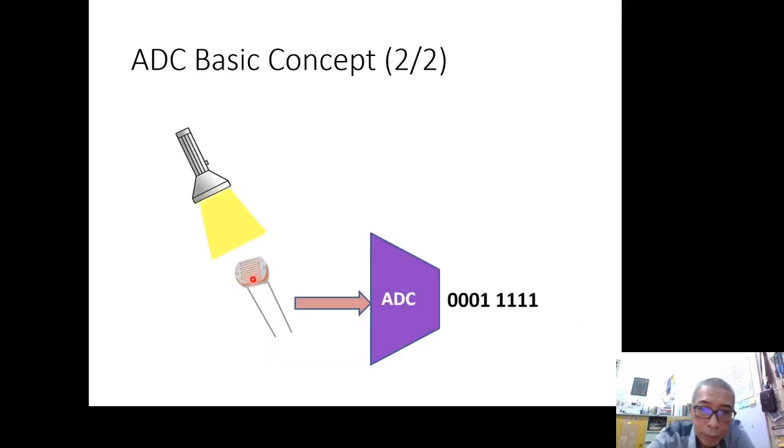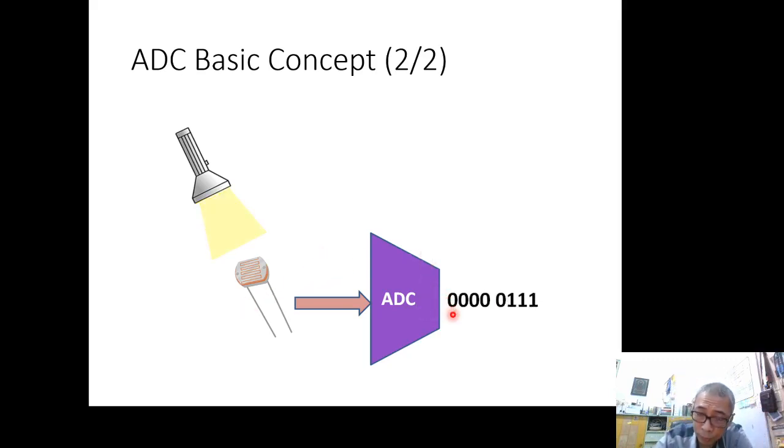So this is the basic concept animation. This is the light dependent resistor, or light sensor, and we continue to change the power of the light, and the LDR light is read using the ADC.